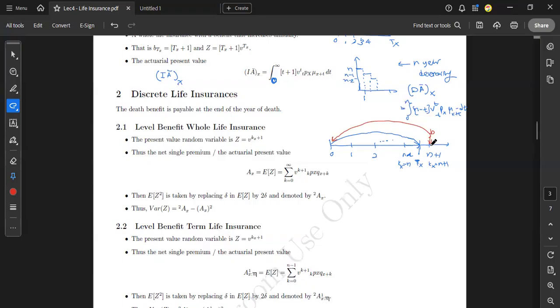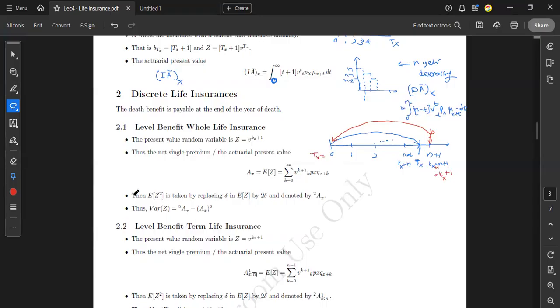So the benefit is taken back from n plus 1 to 0. So that is the present value. So this is Kx plus 1 and n plus 1. So this is Kx times 1, because this is the value of Tx.